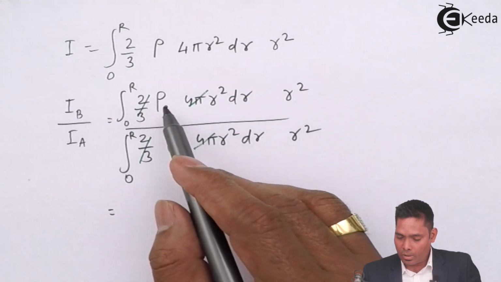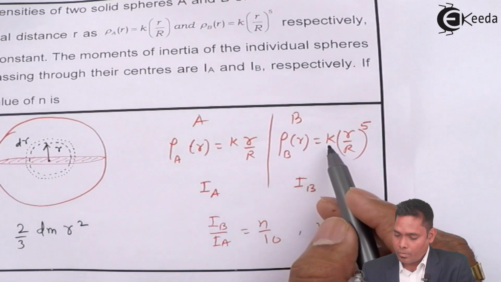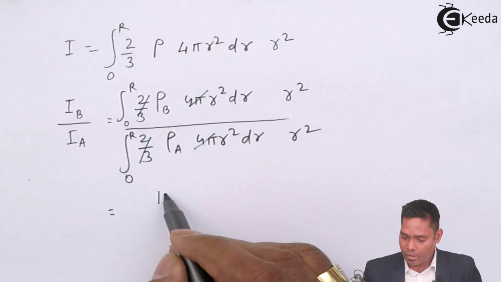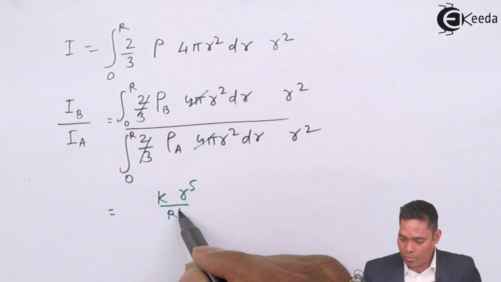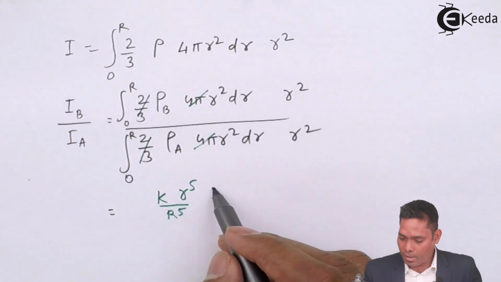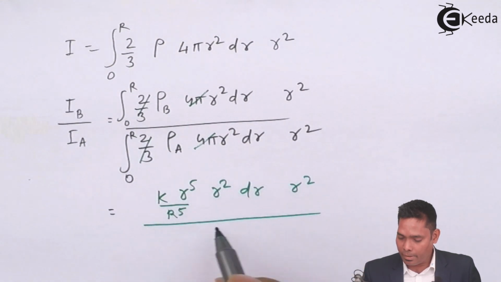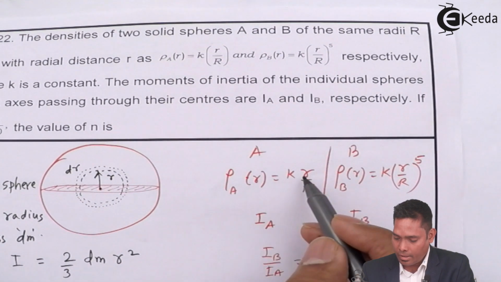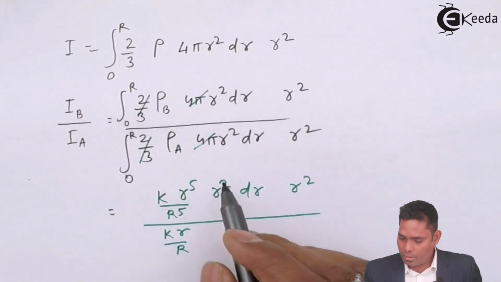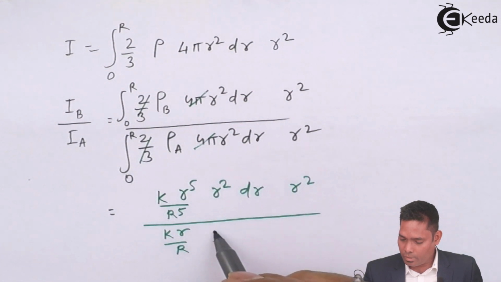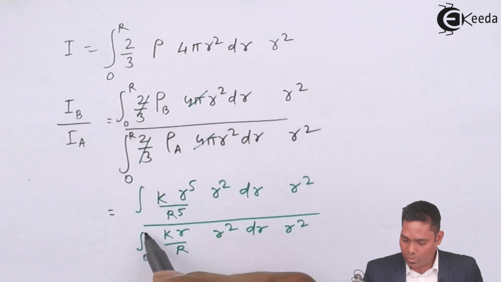Density of B is k r to the power 5 over R to the power 5, and this is r square dr, r square, divided by density of A, which is k r over R, and this is r square dr, r square, integration 0 to R.